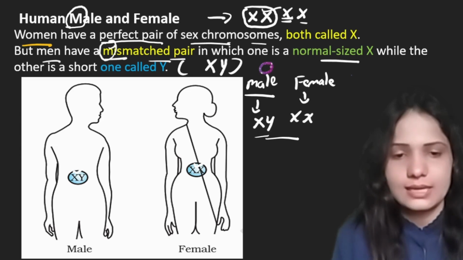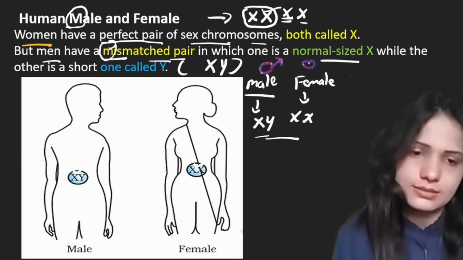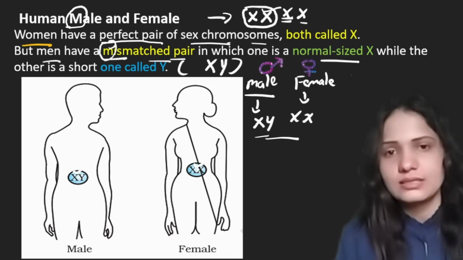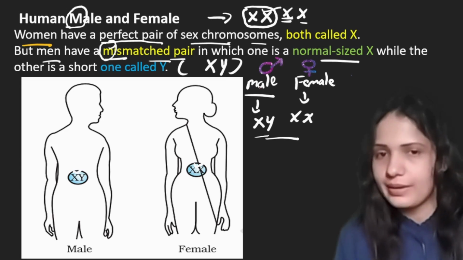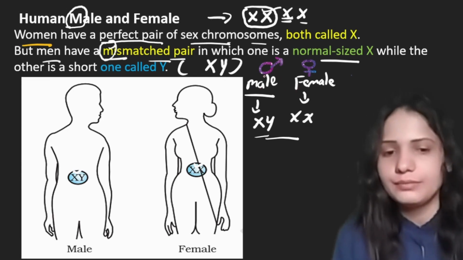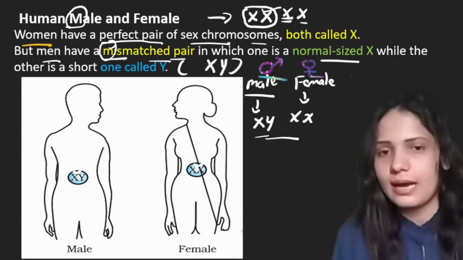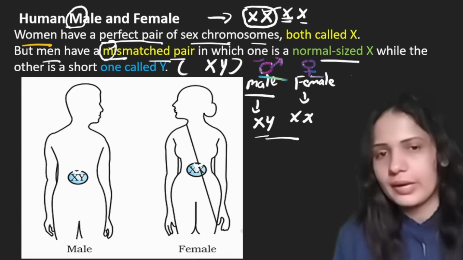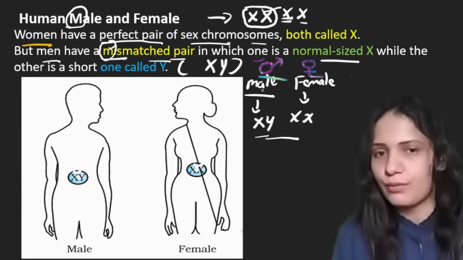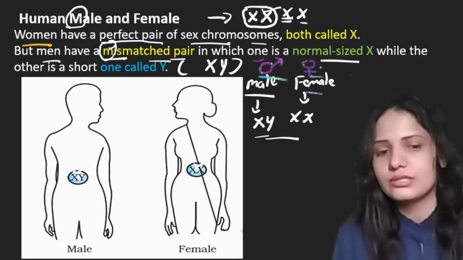This is the sign of male, and this is the sign of female. These are the symbolic representations of male and female. And I'll be using these signs in upcoming slides. Wherever I use this symbol, you have to understand that this symbol is for male and this symbol is for female. Now you can remember these signs with the help of a trick.